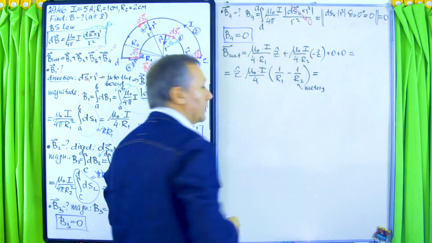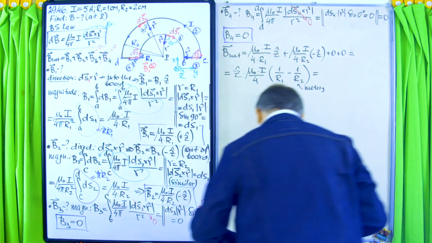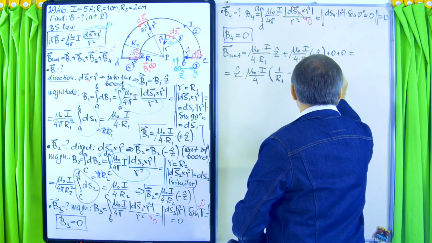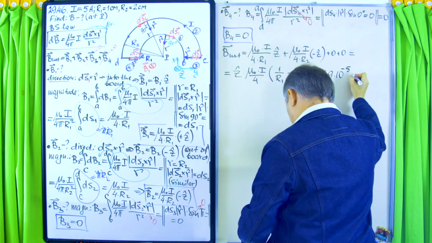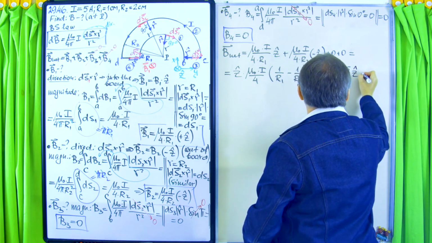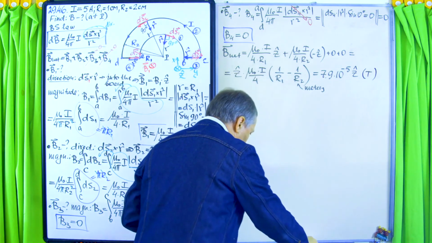If you calculate, you will end up with, let me rewrite from my notes, 7.9 times 10 to the power minus 5, direction z hat, and units of Tesla. It reminds me of the answer from the previous problem. Let me compare.